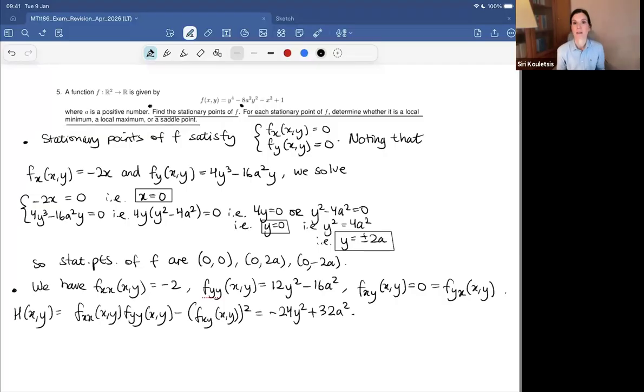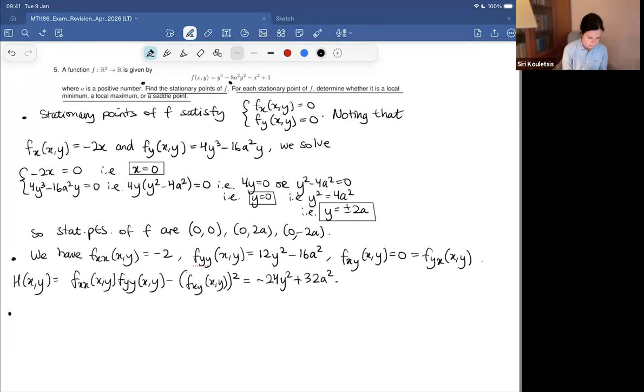And then we evaluate the Hessian at each of the stationary points, starting with (0, 0).